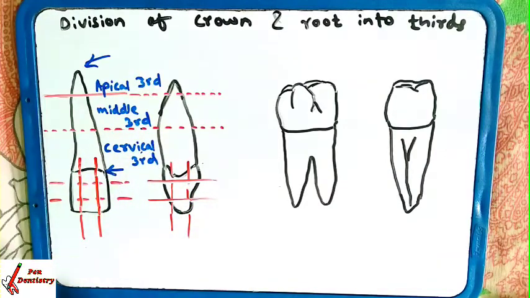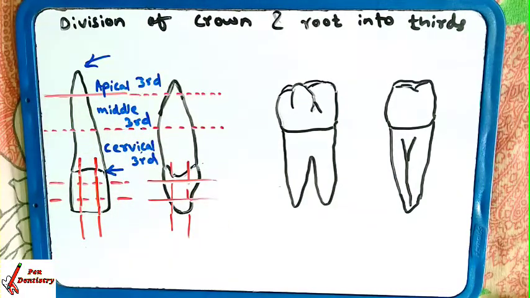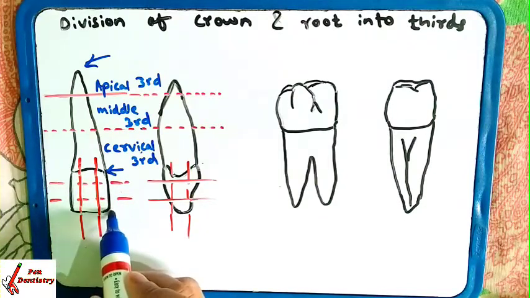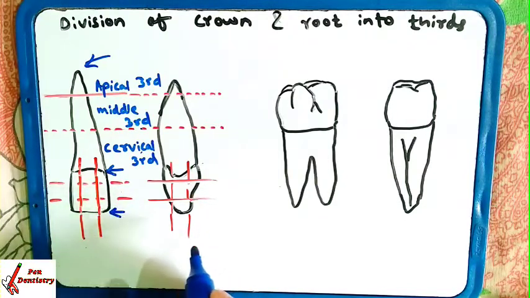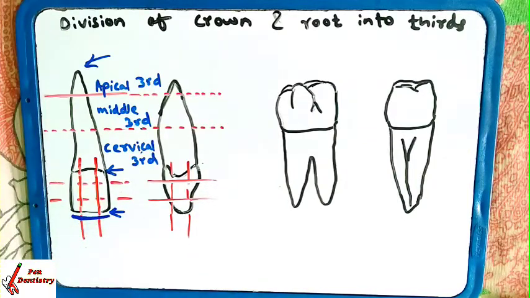Now, in the crown, this was the root division. Now we are going to see the crown division. The crown division is, this is the incisal. The occlusal area, for anterior teeth, we say it as incisal.